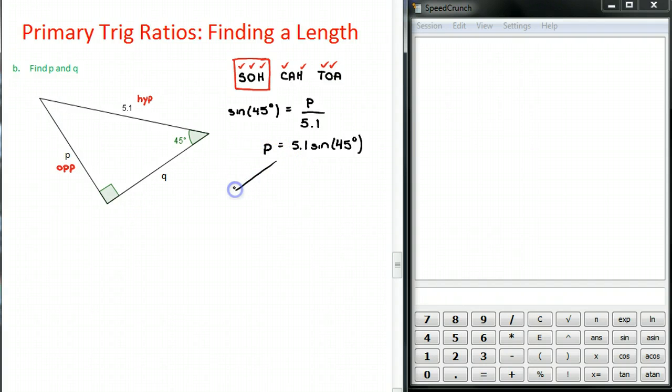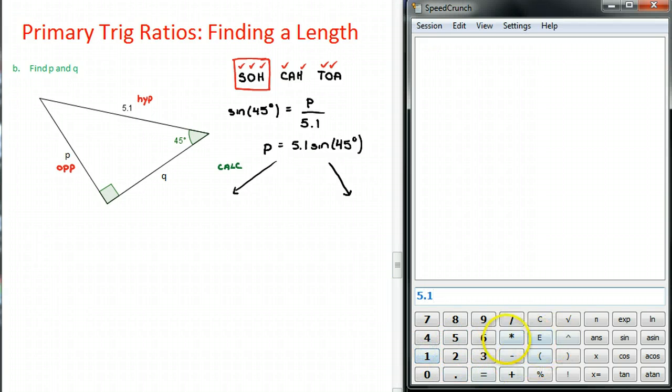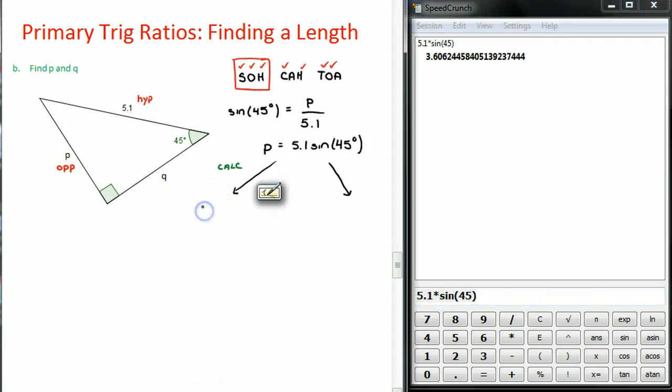Now I'm going to put two little arrows here. The left-hand side, we're going to work through this with our calculator. So I'm going to type this directly in my calculator. I'm going to say 5.1 times the sine of 45 degrees, and I'm going to hit equals, and I see that I get 3.606.